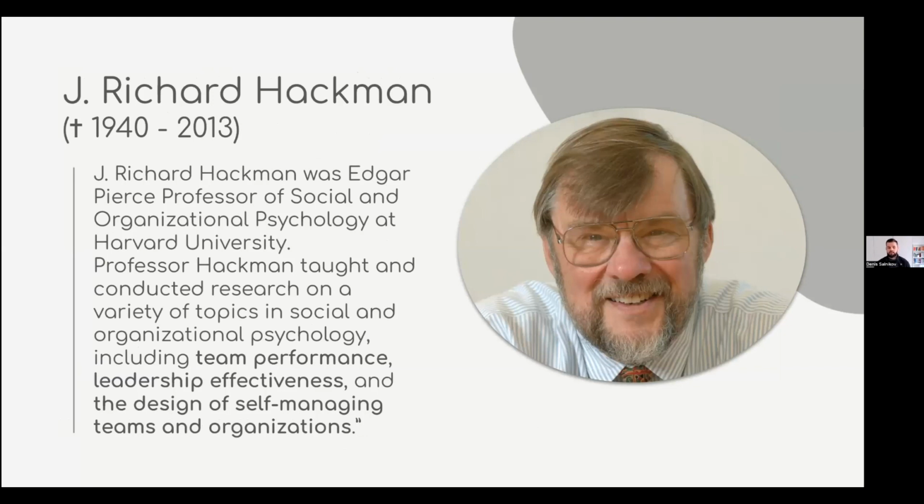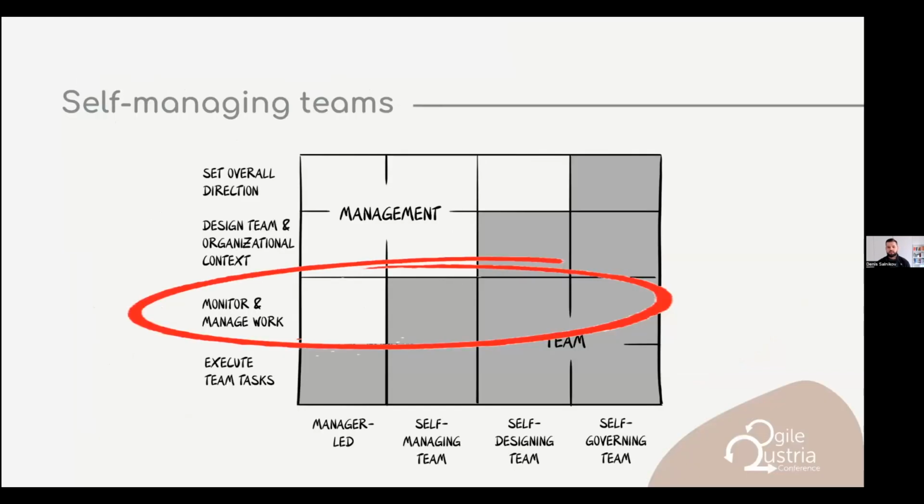He conducted a lot of research and delivered a lot of wonderful models and ideas around topics such as team performance, leadership effectiveness, design of self-managing teams, and so on and so forth. In his original authority model, what was previously described in the Scrum Guide as self-organizing teams was called self-managing teams.